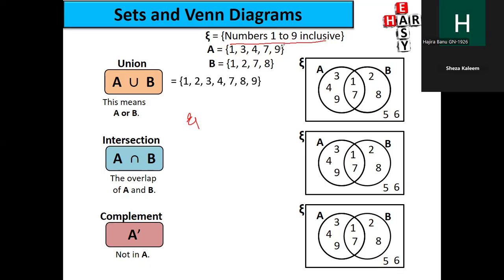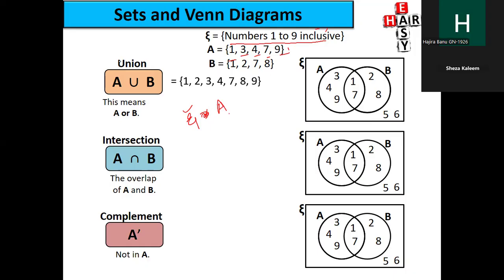I can say epsilon is the superset of A, because epsilon consists of all the elements present in A as well as extra elements, extra members also, right? Got my point? Yes.